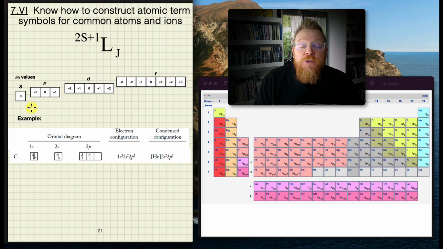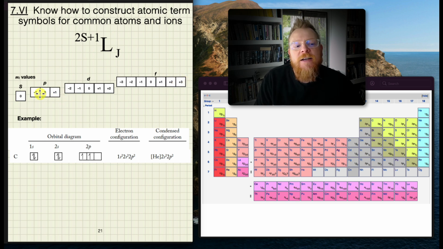If you do it this way every time, you'll get the result every single time. For example, S only has one ML value, 0. For P, we're going to go -1, 0, +1. With D and with F, we're going to go from the negative values to the positive values.